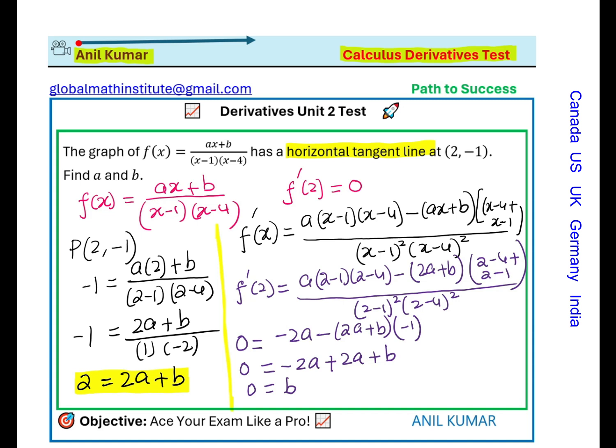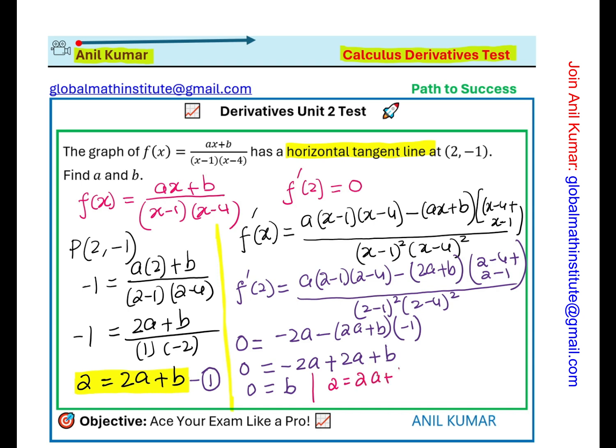Now, if b equals 0, we can substitute in our first equation and find the value of a. So we get 2 equals 2a plus b, which is 0.